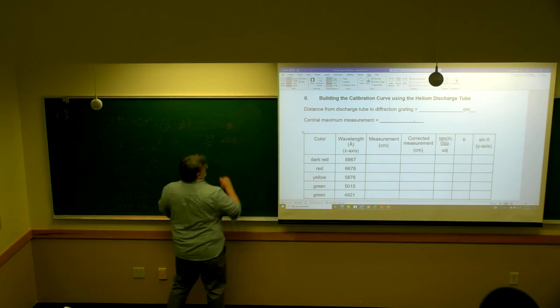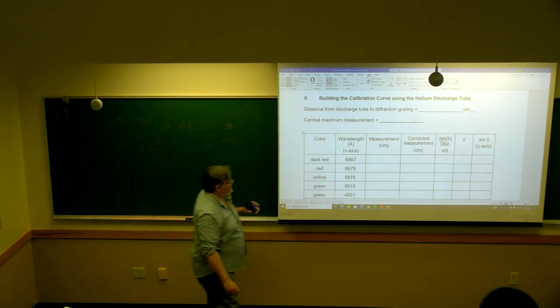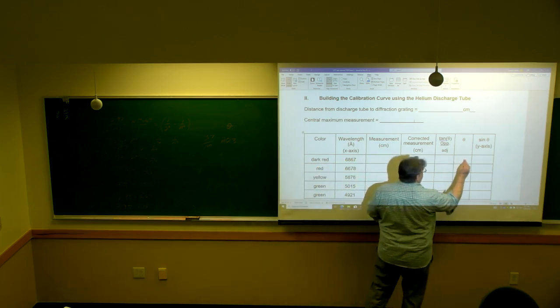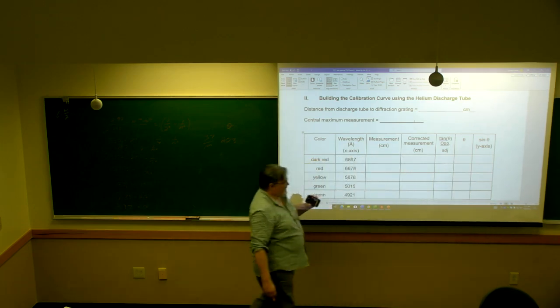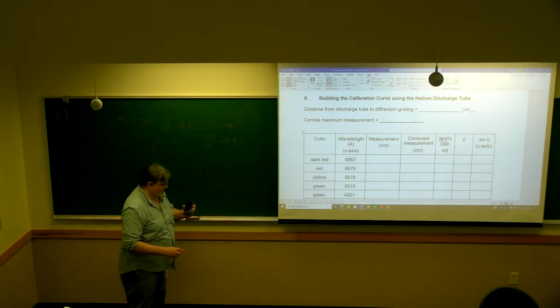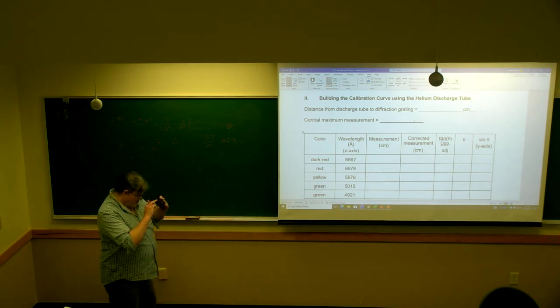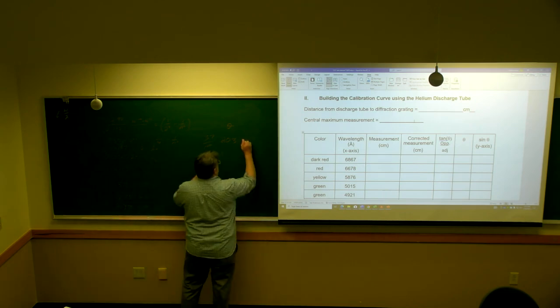So that's what I have for my angle. Then I'm going to take the sine of that, turn off your second key, and hit sine, and that gives me 0.347.